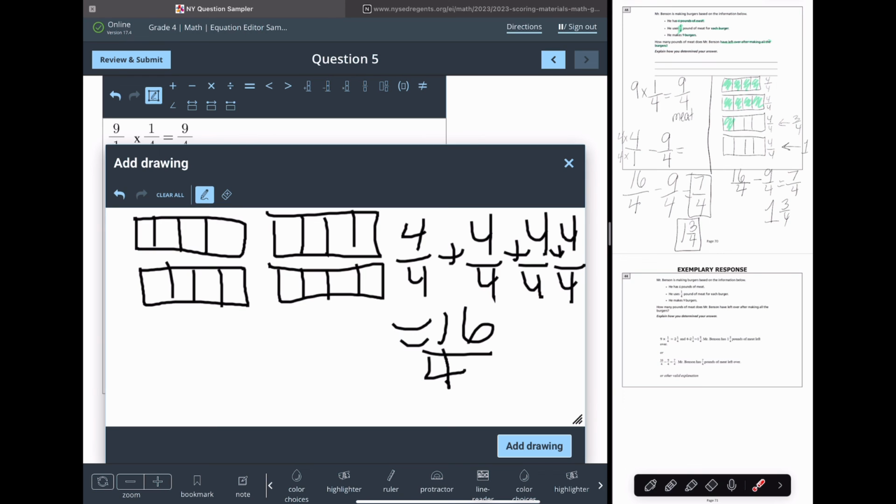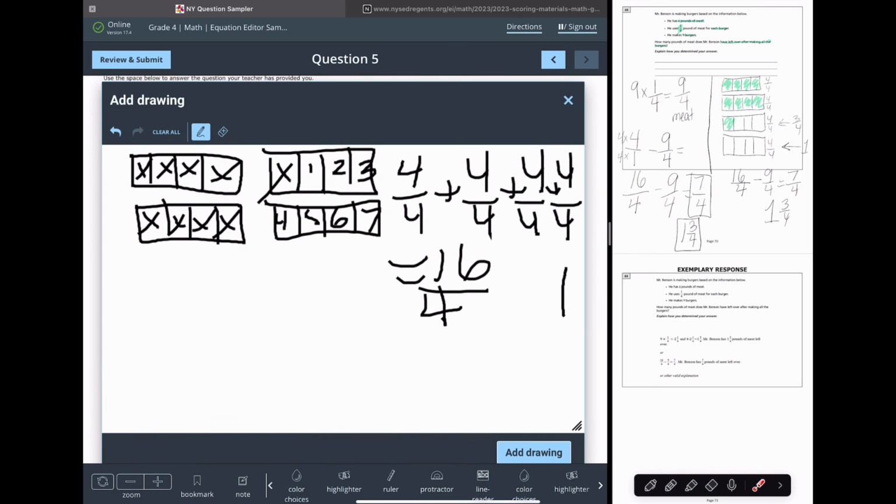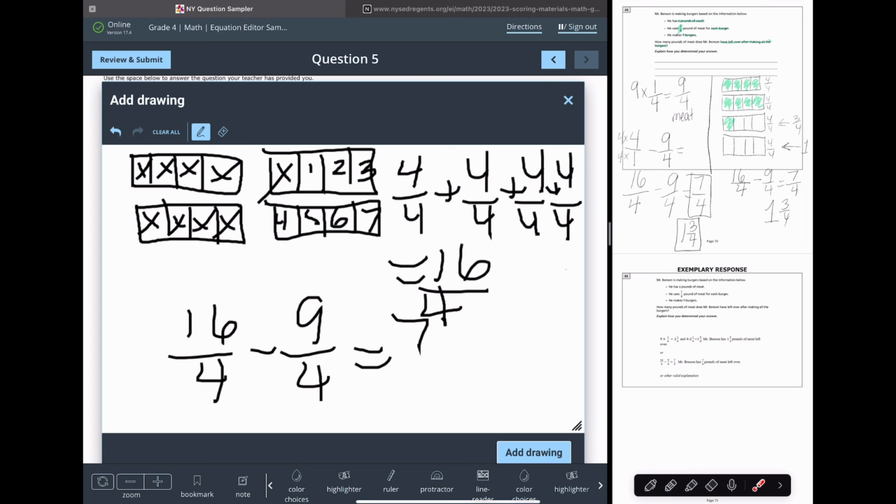And then I would just show 7, 8, 9. And that's how I can see 1, 2, 3, 4, 5, 6, 7. So I would just move this a little bit. And now I can show my subtraction. 16 over 4 minus 9 over 4 is equal to 7 over 4. Or 1 and 3/4. And add the drawing.